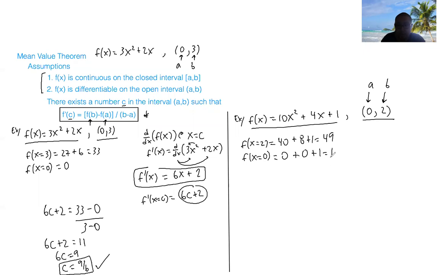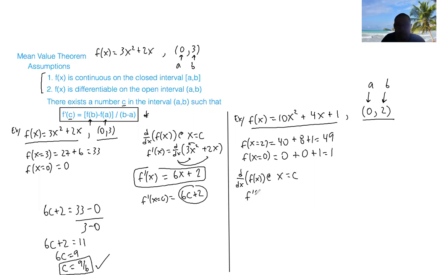Plus 1 is 1. And so now we need to evaluate the derivative of our function f of x at x is equal to c, okay? So we need to evaluate the derivative of our function at x is equal to c.